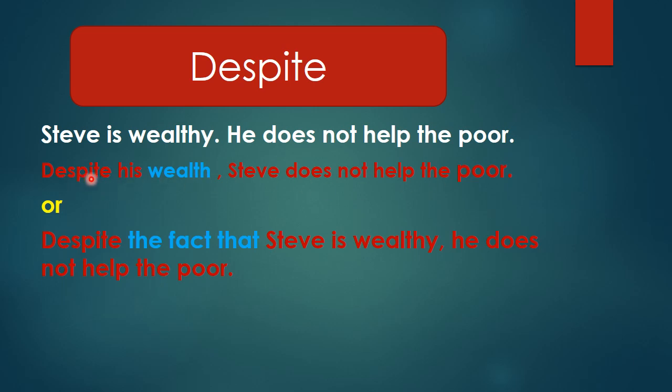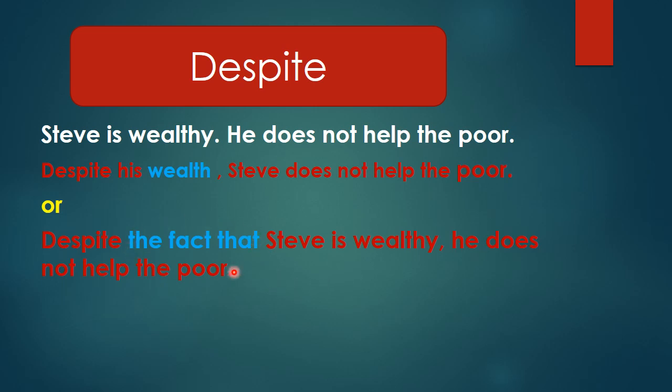Despite his wealth, Steve does not help the poor. Despite his wealth. So here, wealth is the noun of wealthy, right? So despite plus noun. Or we have another possibility. Despite the fact that Steve is wealthy, he does not help the poor.